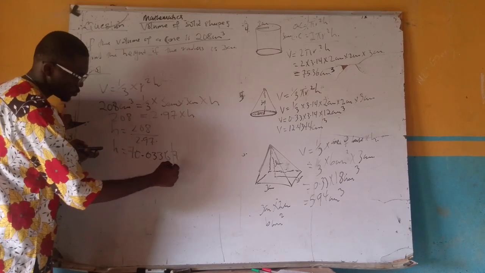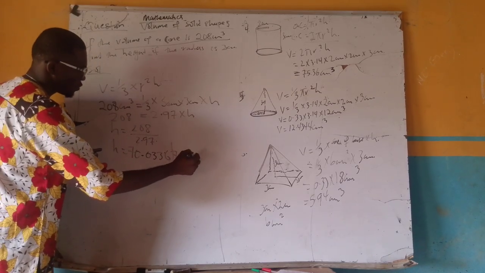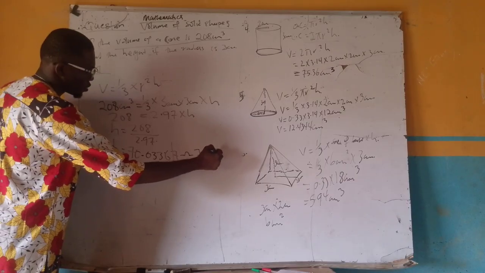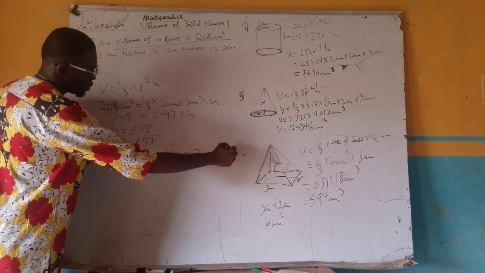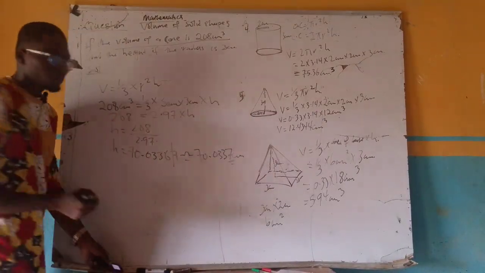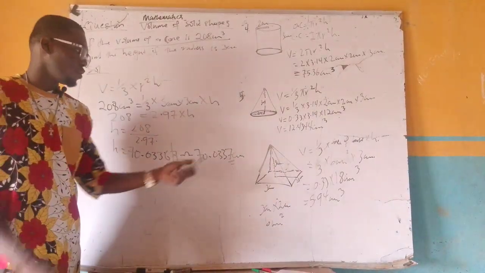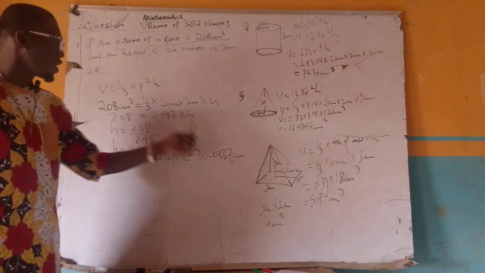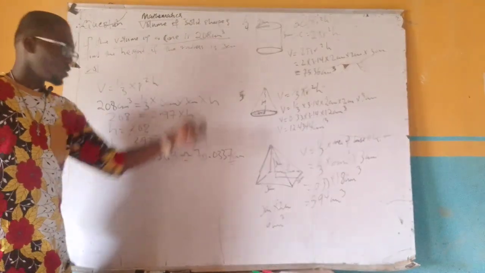But you can approximate here. So the height is 70.0337 centimeter. Remember, height is not cube. It's volume that carries cube, but height is just 1 centimeter. That's the length of one side.